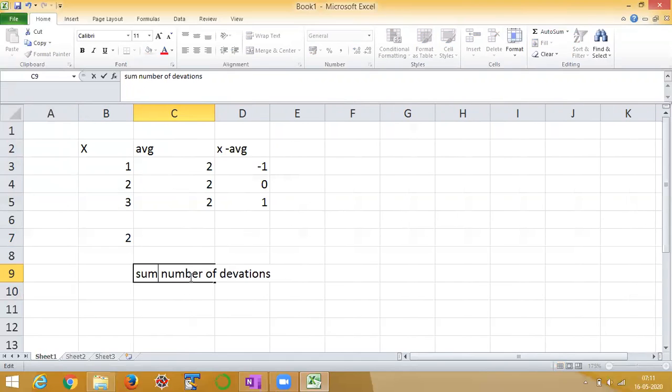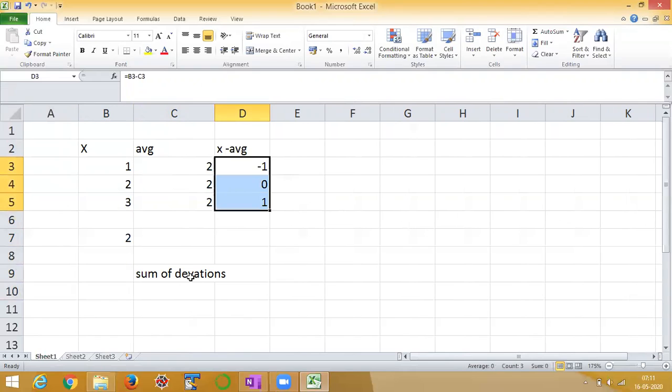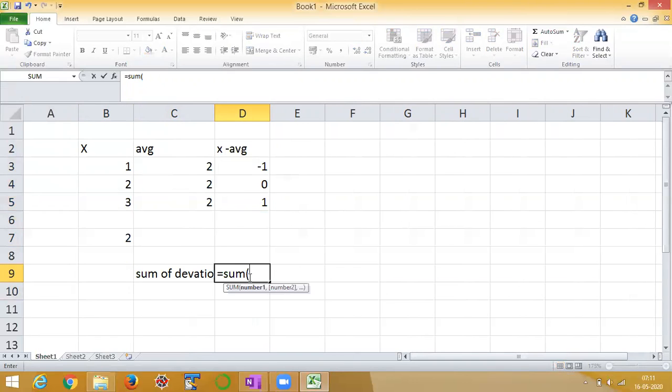What I will write is the sum of deviations. I want to see how much the total deviation is. If I add up these three values, this becomes 0. That means the deviation is 0. Zero deviation means there is no deviation.